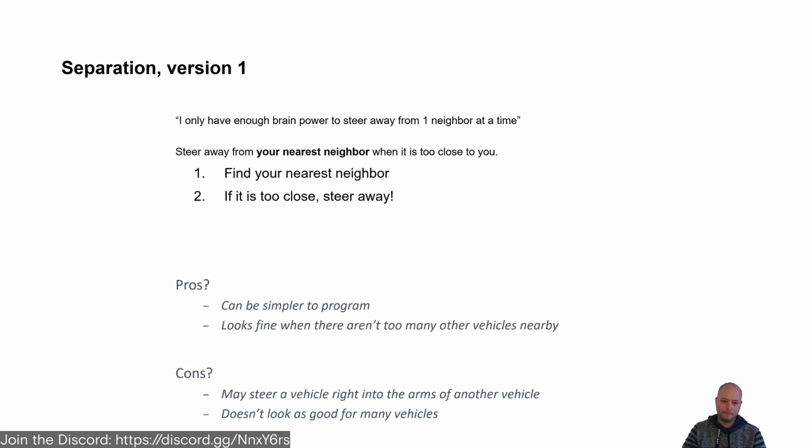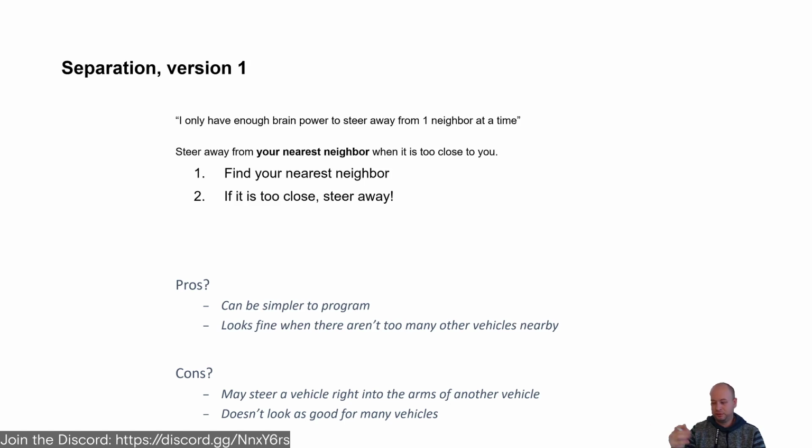So one way to do this is we can only avoid one at a time. So we find the neighbor closest to us, and if it's too close, then we try to steer away. It's nice because it's easier to program, and it looks okay when there's not that much traffic, right? So if we're guaranteed to only be close to one or two objects, this will work fine, and you won't really notice a difference.